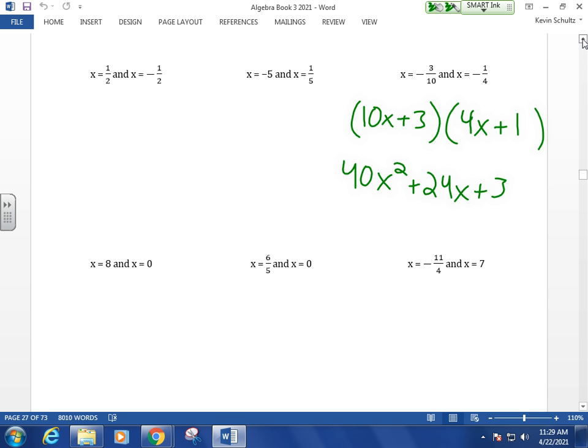Where this comes in handy, so with my real life examples before. Some of you told me that you don't plan on measuring home runs when you grow up, so you don't care about that. You don't plan on making bird baths or satellite dishes. You don't care about that. But if you're going to be a bridge builder, who knows? And you've got to build a bridge over a dangerous ravine, and you know that the bridge has to start here and end here. You can use those x-intercepts to make the equation.